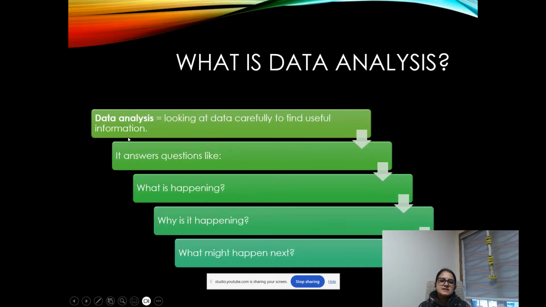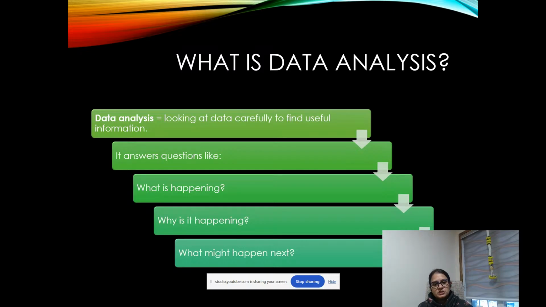What is data analysis? Data analysis is looking at data carefully to find useful information. Okay. It answers questions like, what is happening, why is it happening, what will happen next. Being a data analyst, this is your duty. These three questions, never forget. Whether you are at a learning stage or working. Okay. So these three questions should always be in your mind.